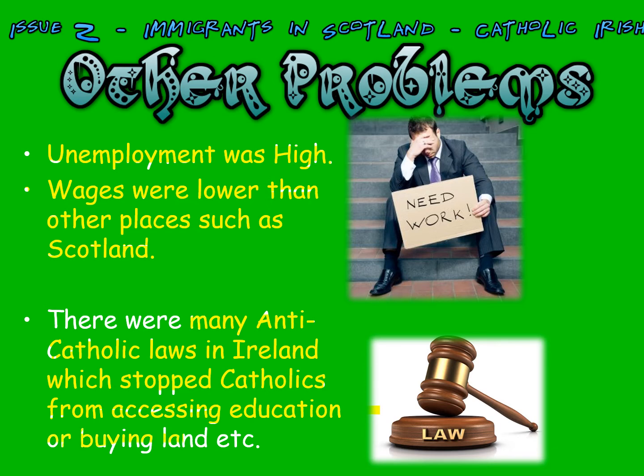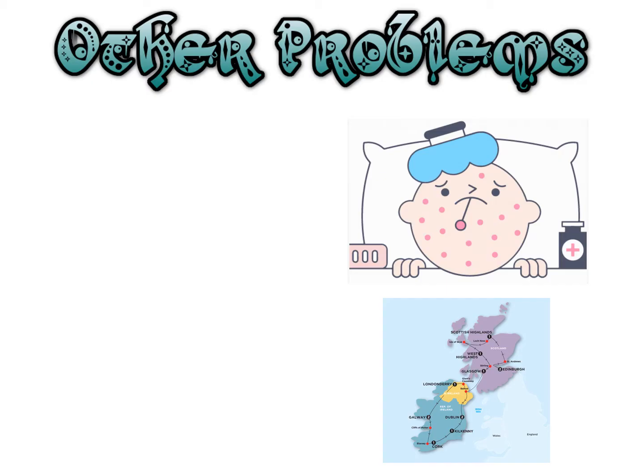And you were also prohibited from buying land, so Catholics couldn't own their own land, you had to rent. So there's no opportunity really for you there, whereas in Scotland you could go to school, you could gain skills and qualifications, and you could own your own land if you got lucky, or at least you could own your own property if you had enough money. So that was a reason why they would leave to go to Scotland.